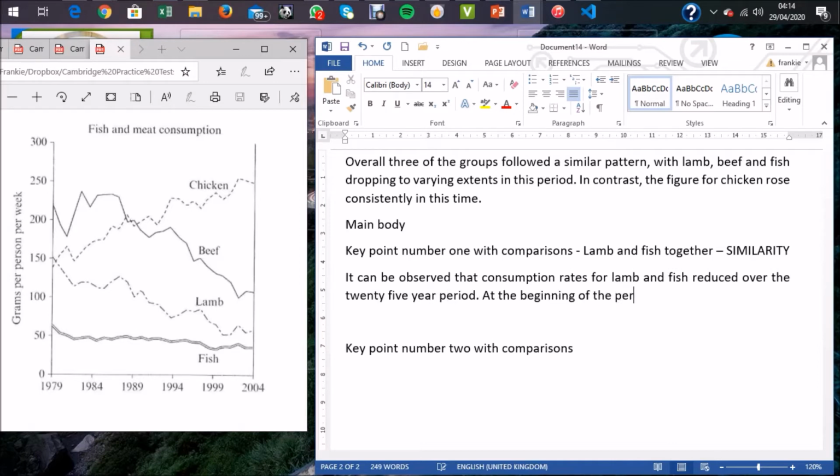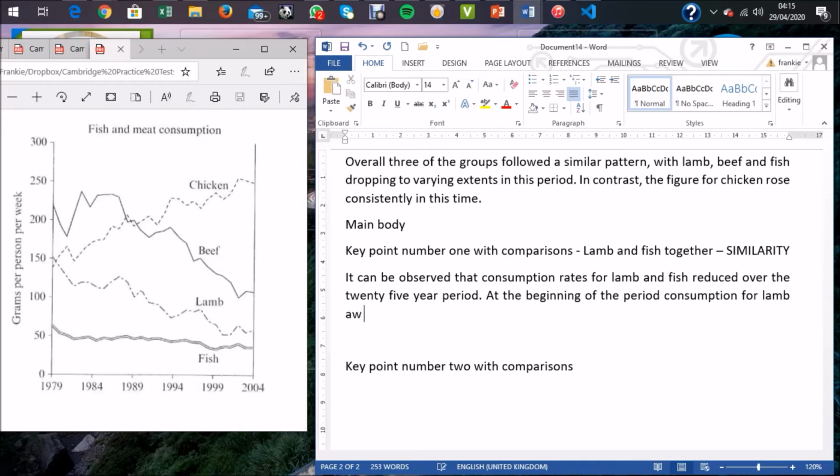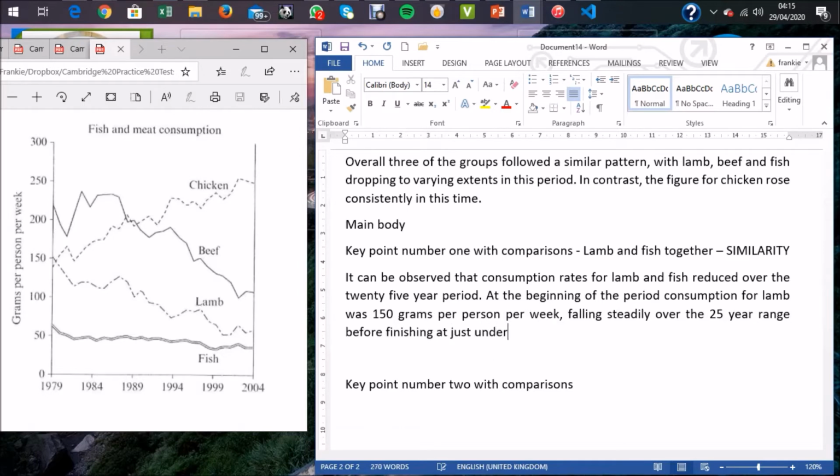At the beginning of the period, consumption for lamb was 150 grams per person per week, falling steadily over the 25-year range before finishing at just under 50 grams.